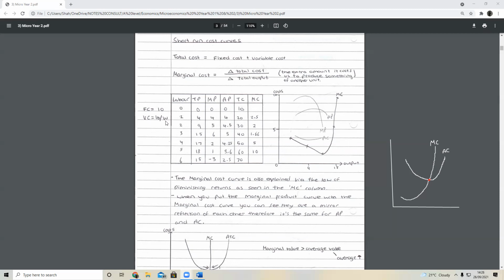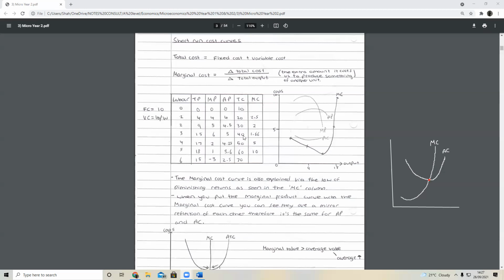That's our fixed cost. Our variable cost is £10 per worker. So that's why at 1 worker, our total cost is 20, because now we have to pay the extra 10 to the first worker. At 2 workers, our total cost is 30. We have to give another 10 to the second worker, and so on.